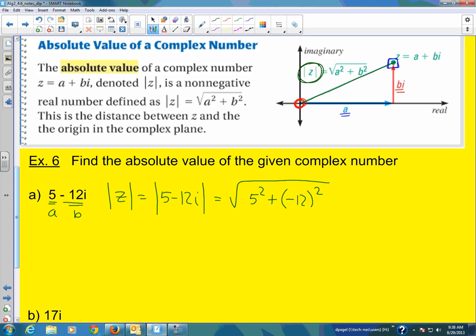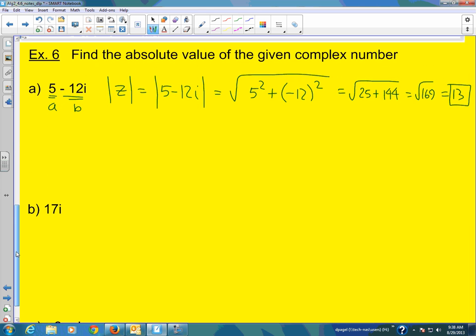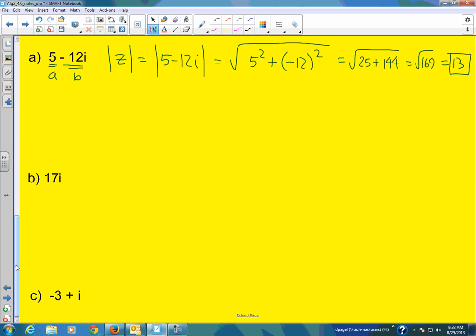And that becomes the square root of 25 plus 144, which is the square root of 169, which is 13. And that's all there is to the absolute value of a complex number. It's just the real part squared plus the imaginary part squared.